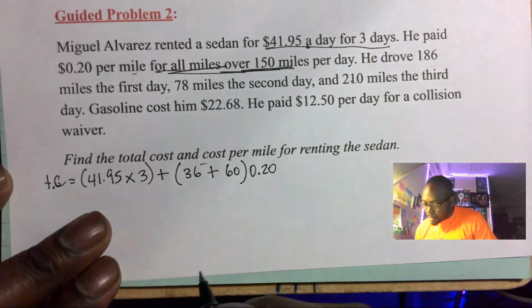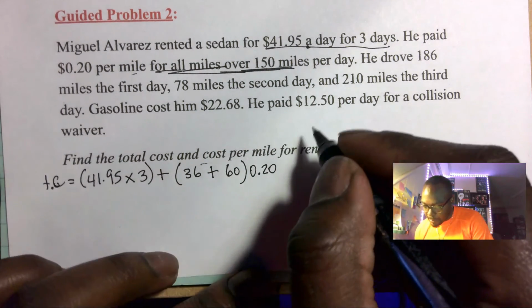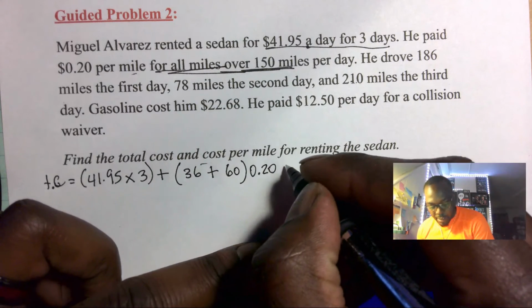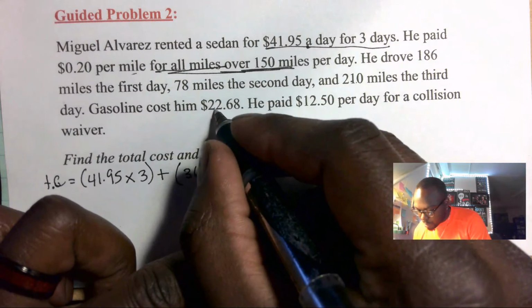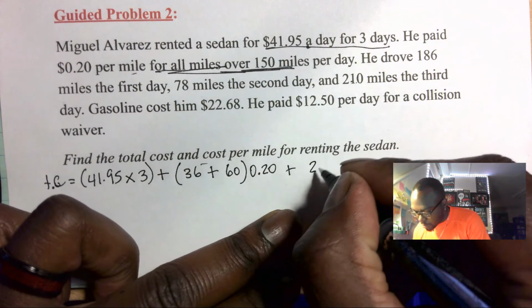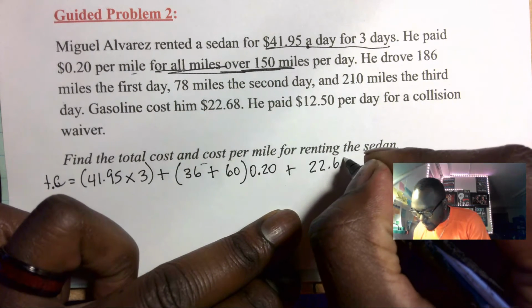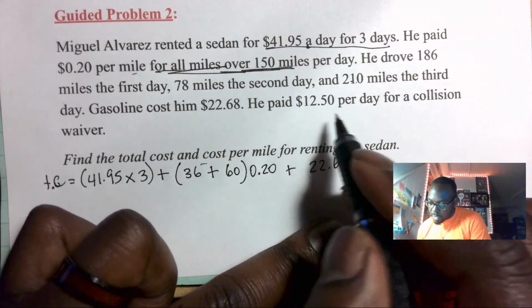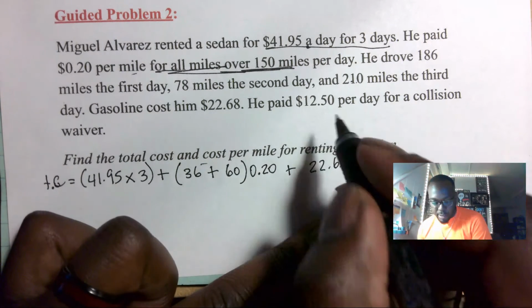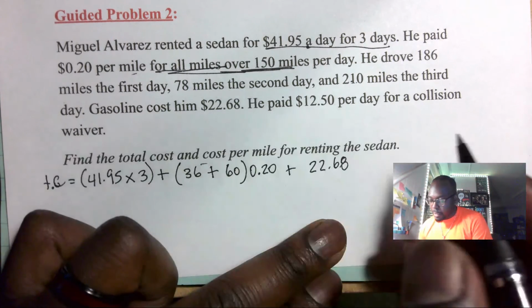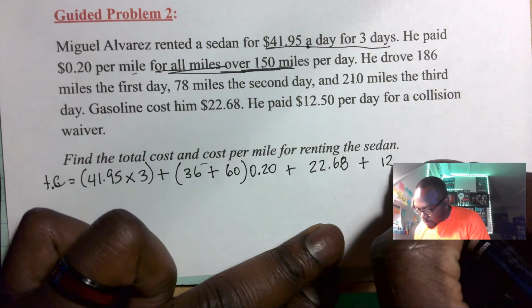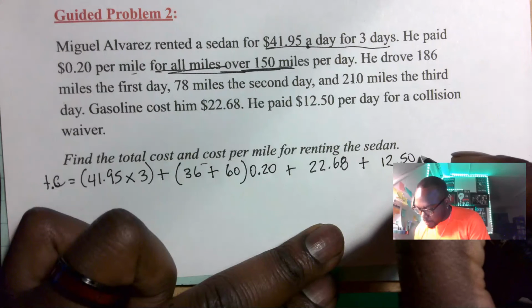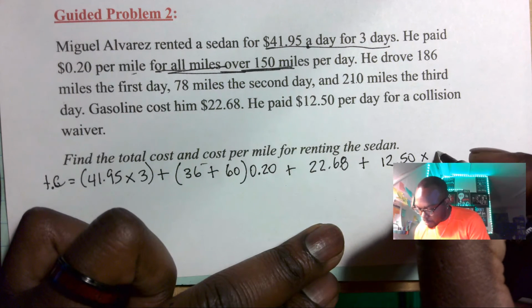And then now we have to add in, it says he paid $22.68 for gas. And then he paid $12.50 per day for collision waiver. So here, plus 12.50 times 3, because it's 3 days.